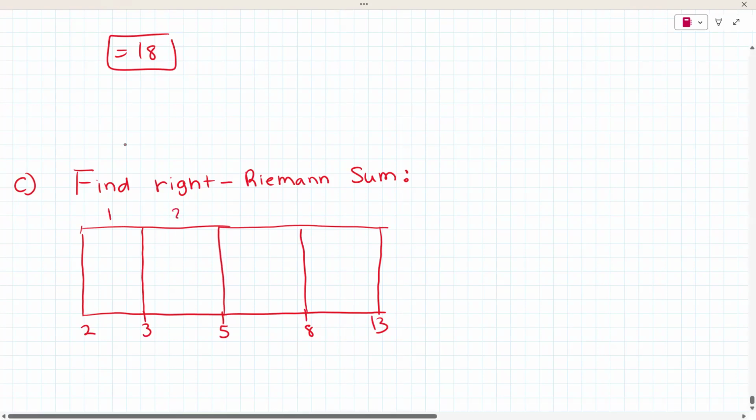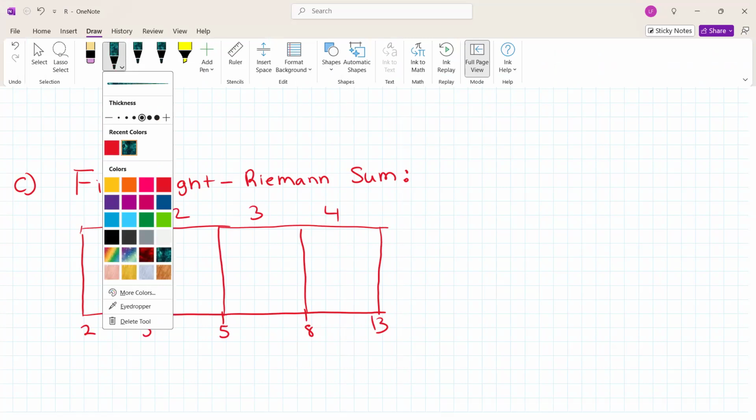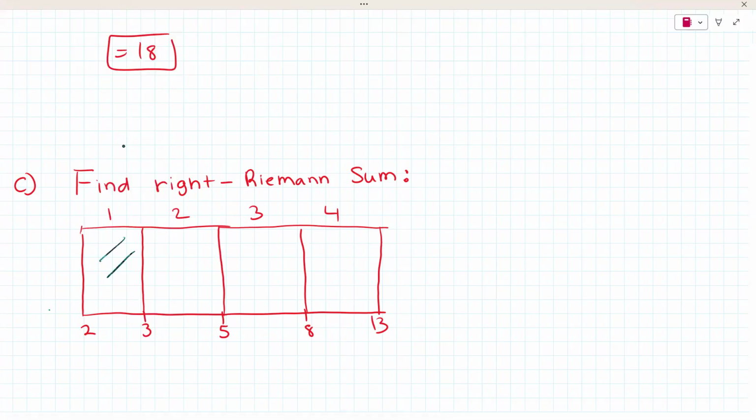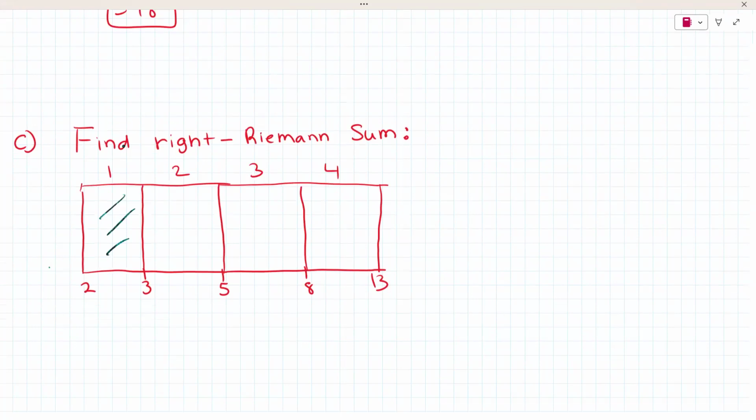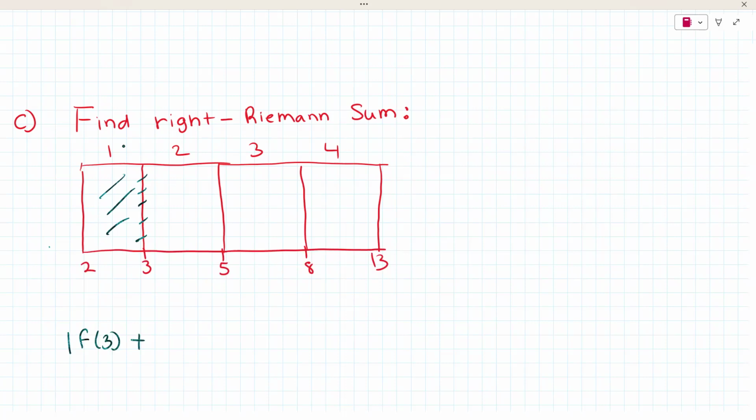So here's rectangle 1, 2, 3, 4, and we're doing the right-hand side. Let's look at rectangle 1. My delta x is 1, and then we have to find f of 3 because we're doing right-hand side. Plus rectangle 2, the distance from 3 to 5 is 2, and we find the height of f of 5.